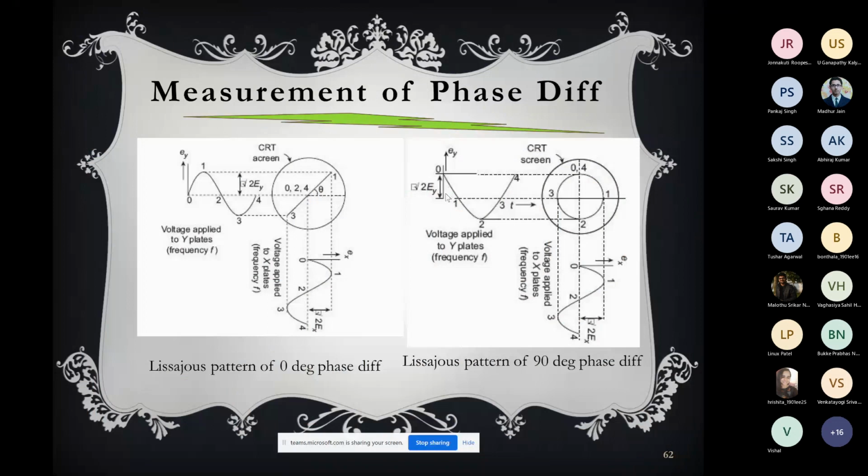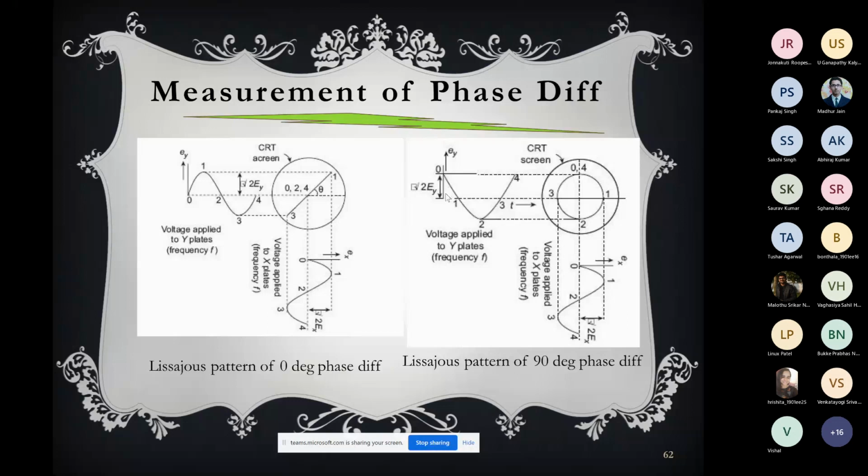In one plate one input signal will come, and in the other plate another input signal will be provided. When both signals are given to both plates, the resultant waveform will be displayed on the cathode ray screen, and from that display you can determine the phase.